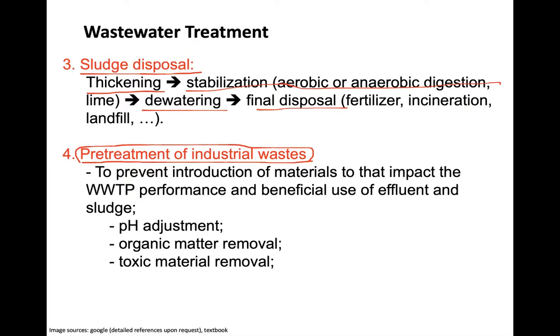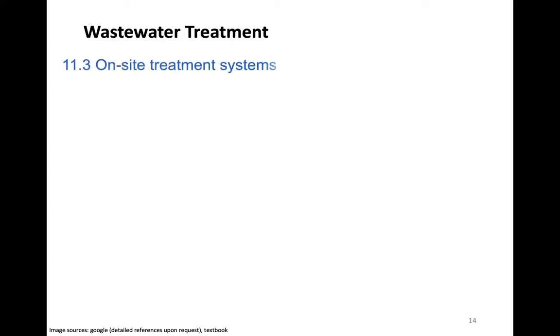So it would be great if they can pre-treat their water in the beginning, right? They can do some pH adjustment and organic matter removal. They can use similar methods to feed in the bacteria to remove the organics. And they can also remove the toxic materials, right?